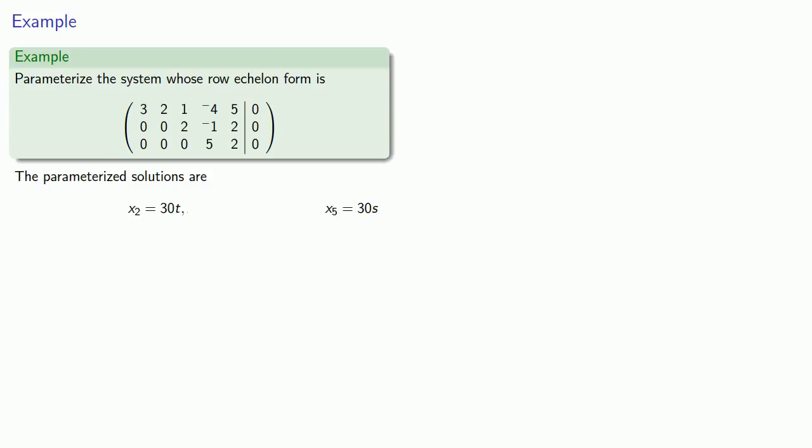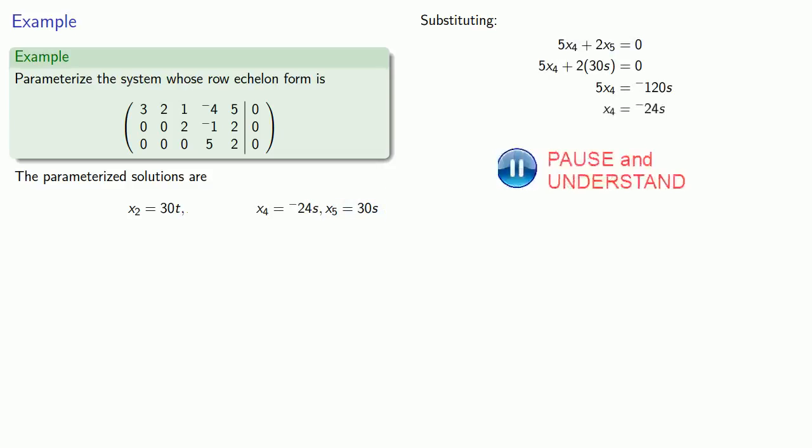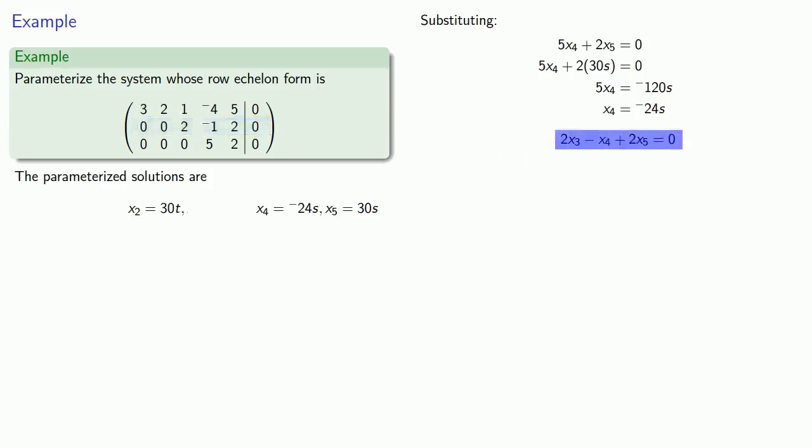Now we'll substitute these into our equations. So our last equation tells us that 5x4 plus 2x5 is 0, so I'll substitute in my value of x5 and solve for x4. The next to last row tells me 2x3 minus x4 plus 2x5 equals 0, so I'll substitute in my values for x4 and x5 and get a value for x3.